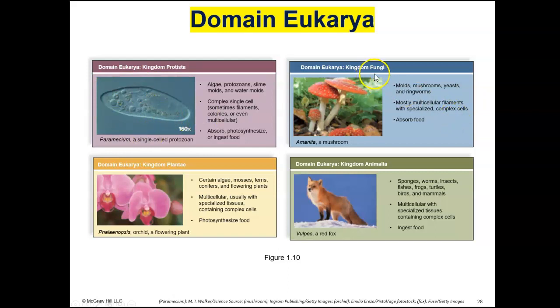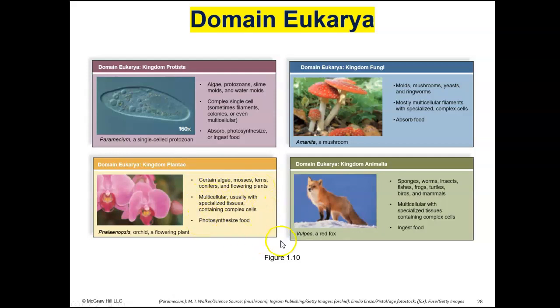Then you have the kingdom fungi, which includes molds, mushrooms, yeast, and ringworms. Most of these are multicellular. There are a few that are unicellular, like yeast. You have the kingdom plantae, which include mosses, ferns, conifers, and flowering plants.